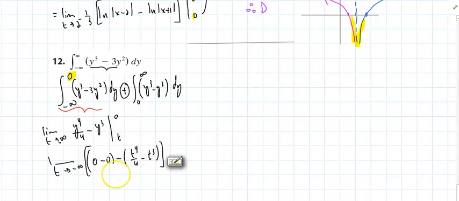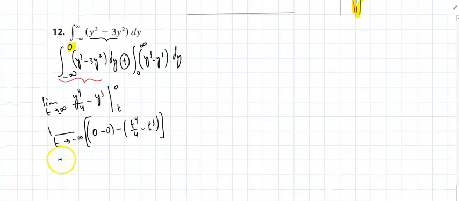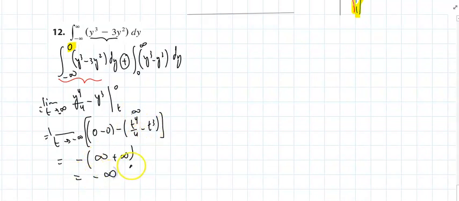So basically this turns out to be positive infinity minus a negative infinity, that's going to be plus infinity. So the answer will be negative infinity. Therefore, this will diverge. I don't need to do this second piece.